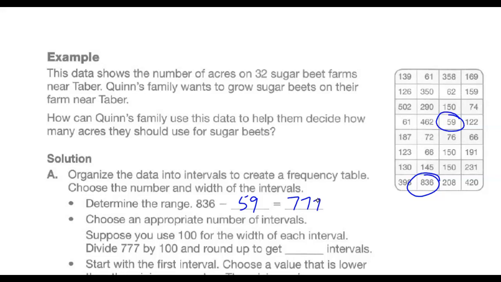So yeah, you want to have not too few, not too many. If we did it in tens, intervals of 10, that would be far too many. We'd have so many empty ones. If we did it in intervals of 500, we'd have 2 bars. That doesn't tell us anything. 100 seems pretty nice here. So if we divide by 100, we get 7.77, which rounds up to about 8 intervals.